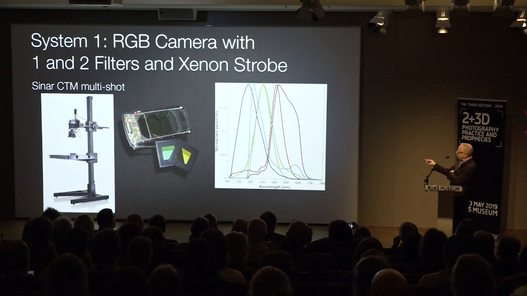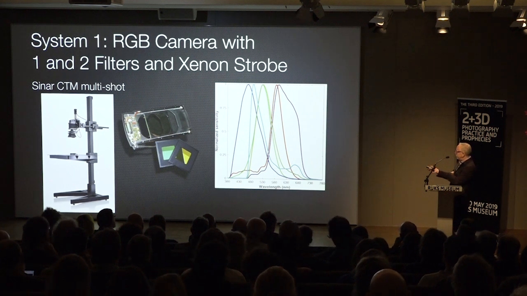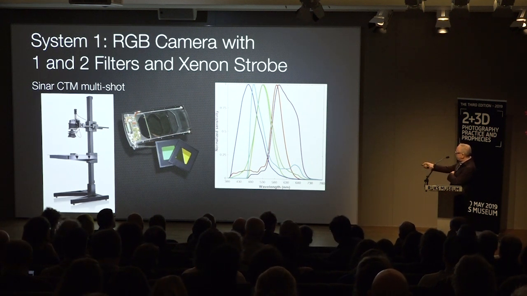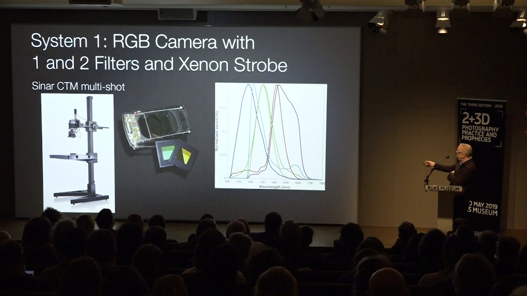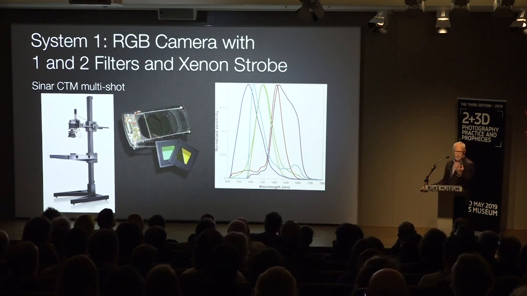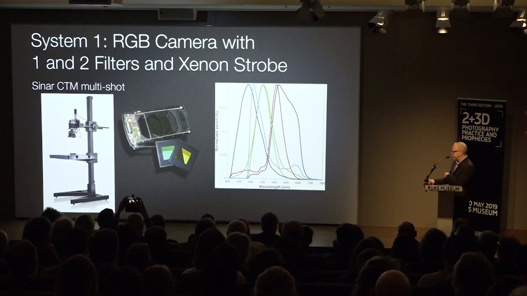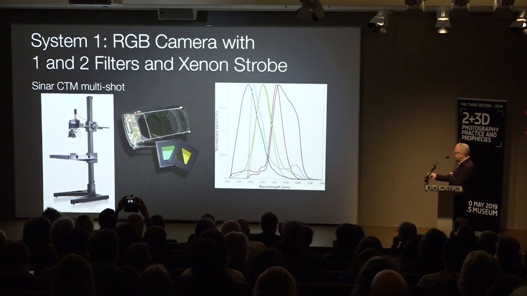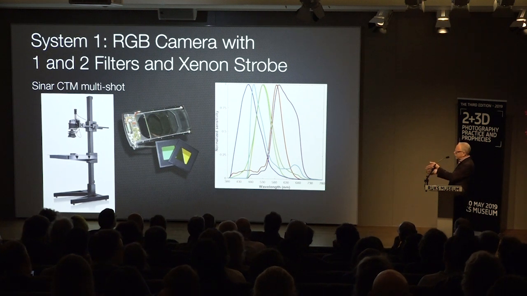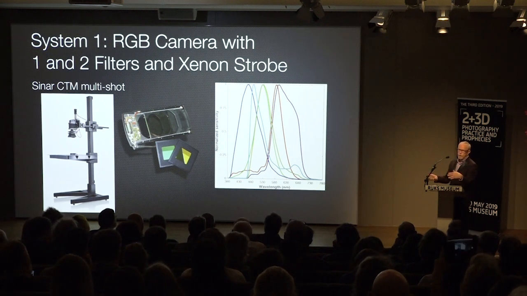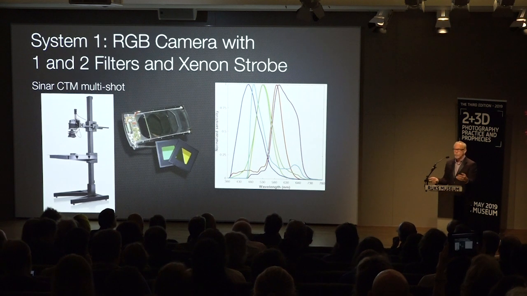And on the right here are the sensitivities, and you can see that you end up with a pair of blues that are different, 2 reds that are different, the greens are pretty much the same. So it's sort of a 5-channel camera. And you get this by having 2 filters that are slid in front. All of these camera systems will have their IR filter removed, as Keats talked about this morning.